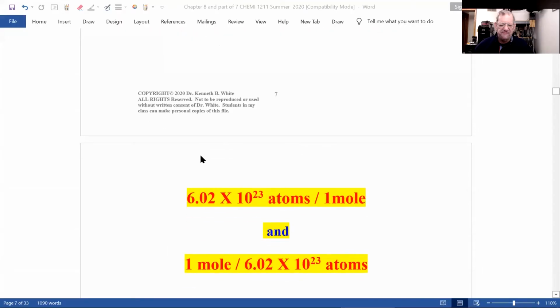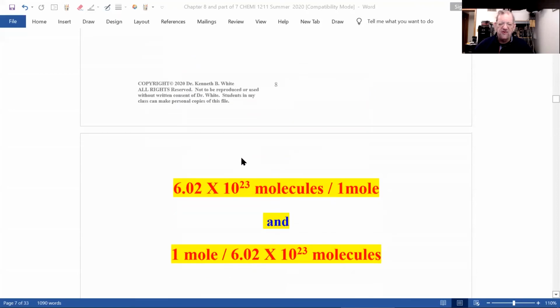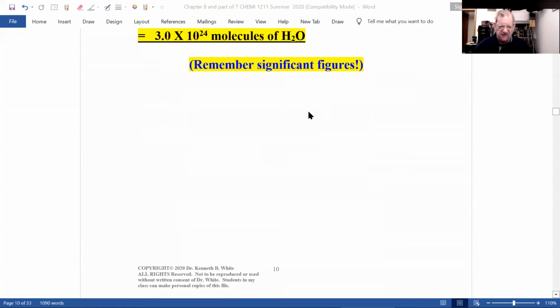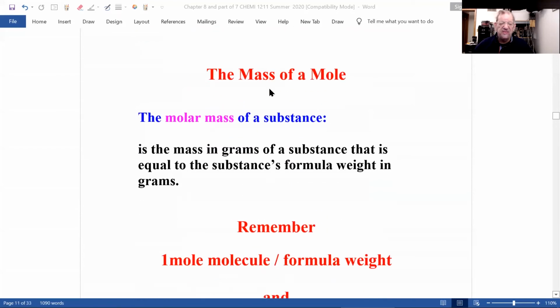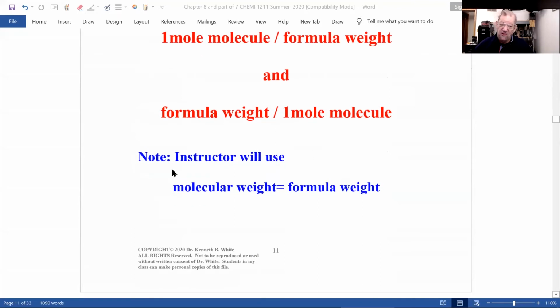All right. So you know about these two ratios. And I showed you your good friend, unit analysis, which we used here. Oh, don't forget significant figures always. Talked about the molar mass, which, note, your instructor will use molecular weight instead of formula weight.